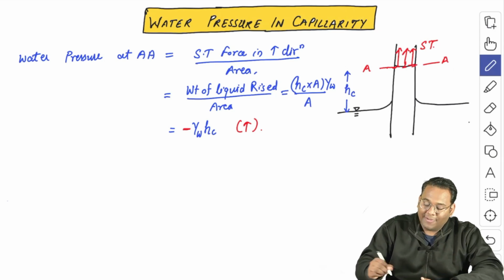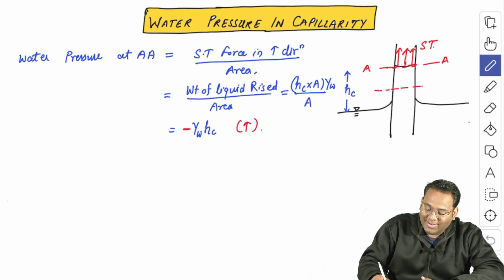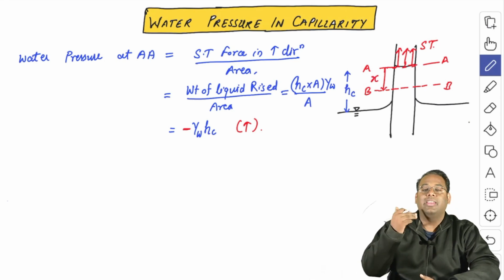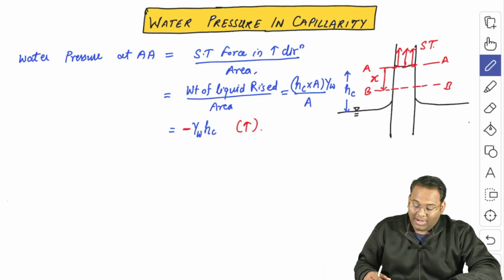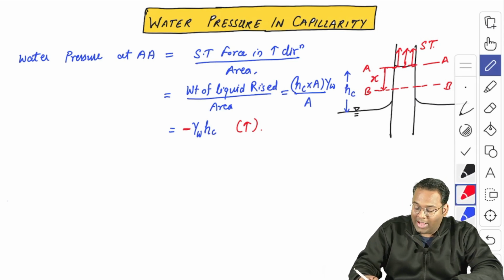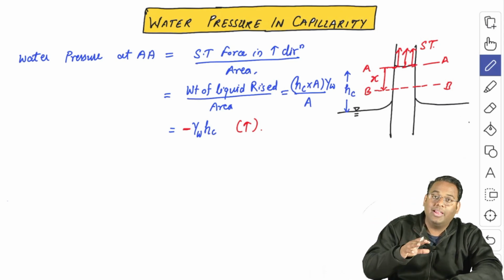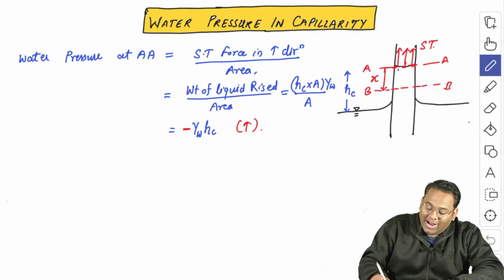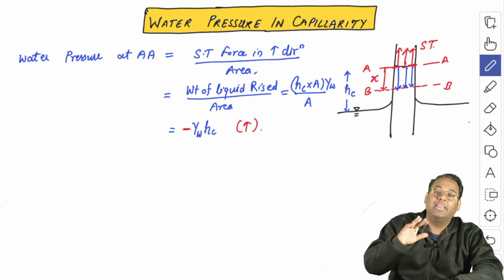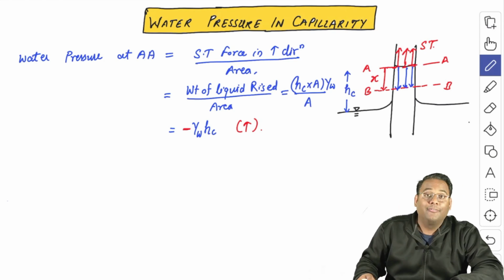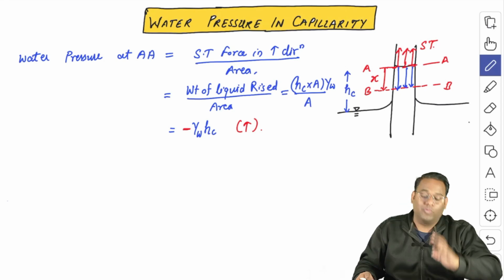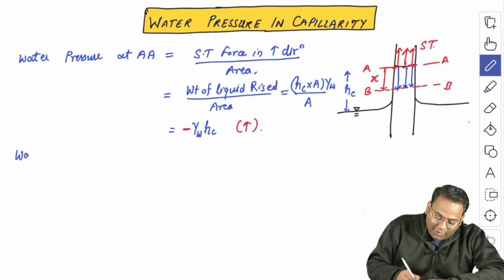Now let us define one more level, and this level is BB. I am assuming that the distance between the AA and BB layers is X. If I ask you what will be the additional force acting on the BB layer of water, you will say there will be some weight of water lying above the layer BB. That weight of water will be acting in the downward direction. So what is the water pressure at level BB?